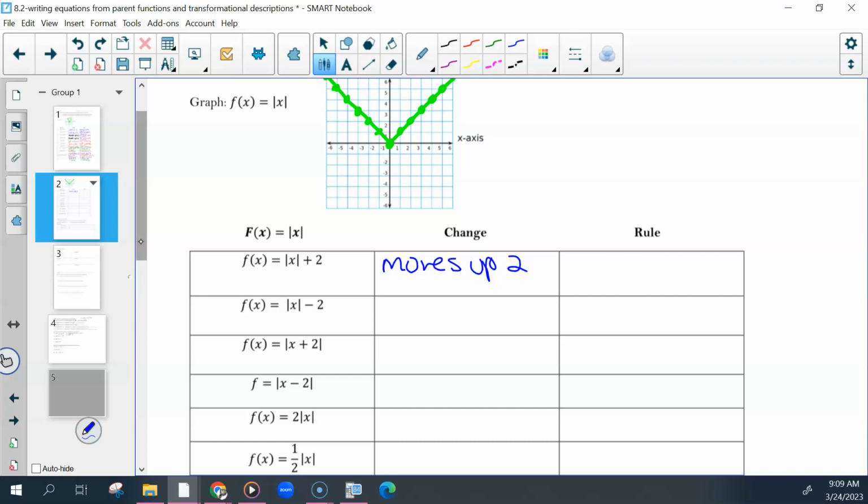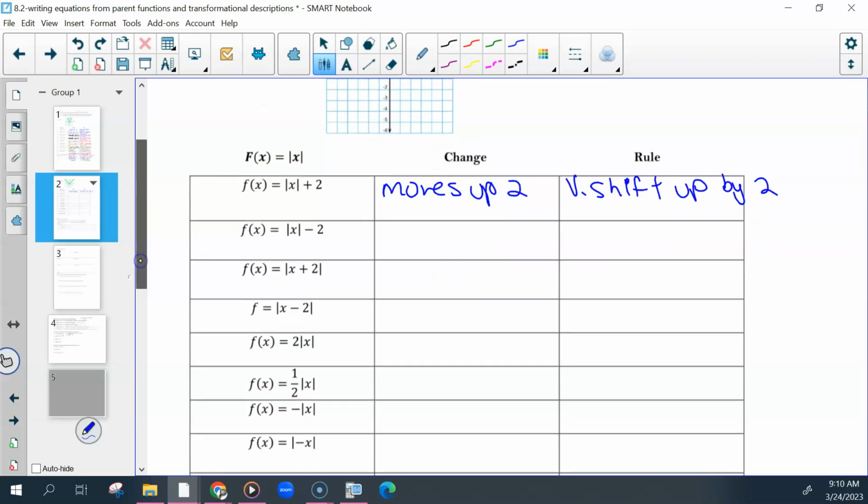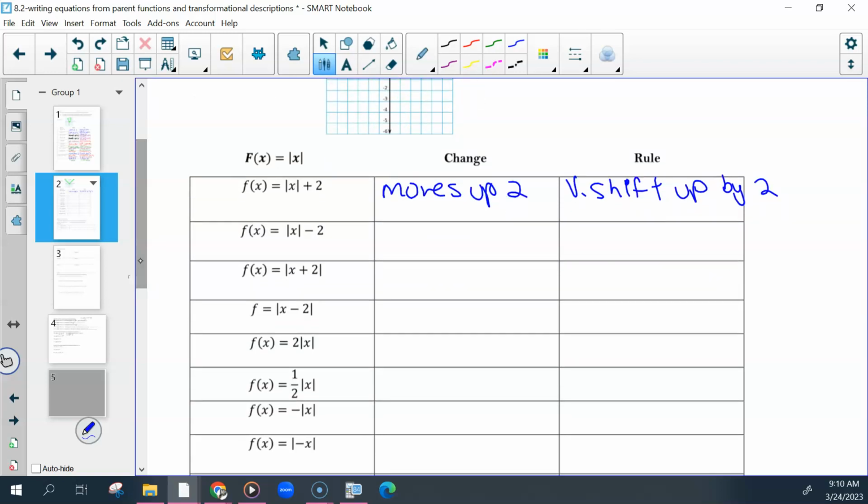Vertical shift up by 2. So that's the nice part about the transformations, is that there are no new words. It's the same. You just have to know how to apply them to everything. Alright, so then the next one would do what? Down 2, vertical shift down 2.